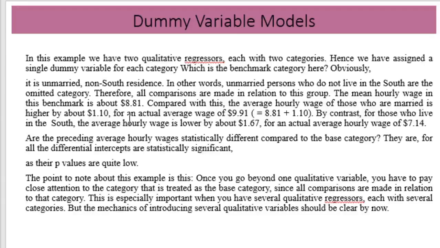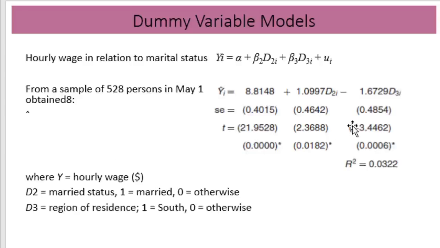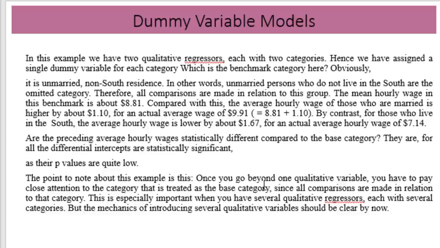By contrast, for those who live in the south, the average hourly wage is lower by 1.67. This coefficient is negative 1.67. Therefore, its value will be equal to negative 1.67 plus 8.81. That is the coefficient, or the average wage, for the south married person.